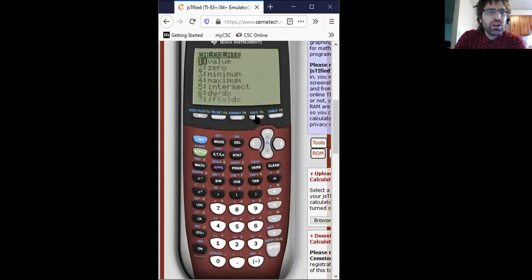It's a little hard to tell, but we can use our zero command to find this root and verify that it really is just 1.